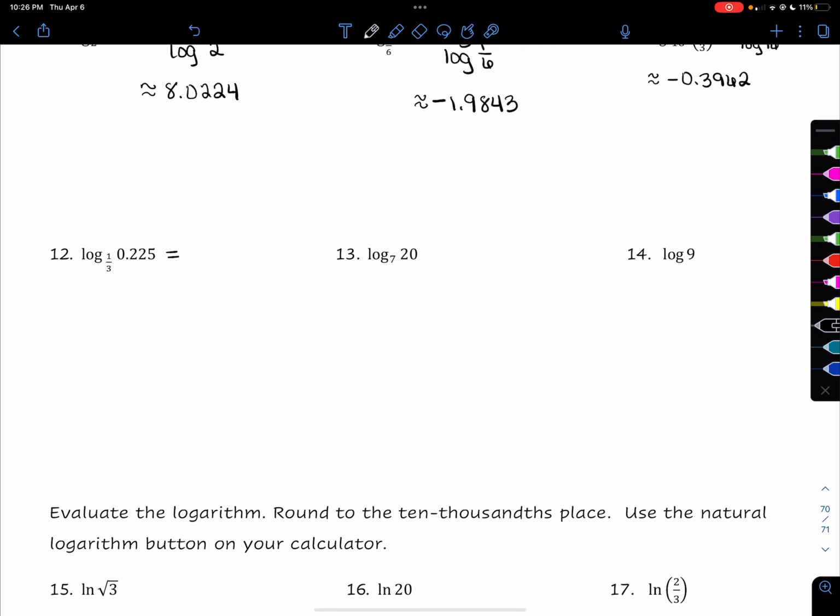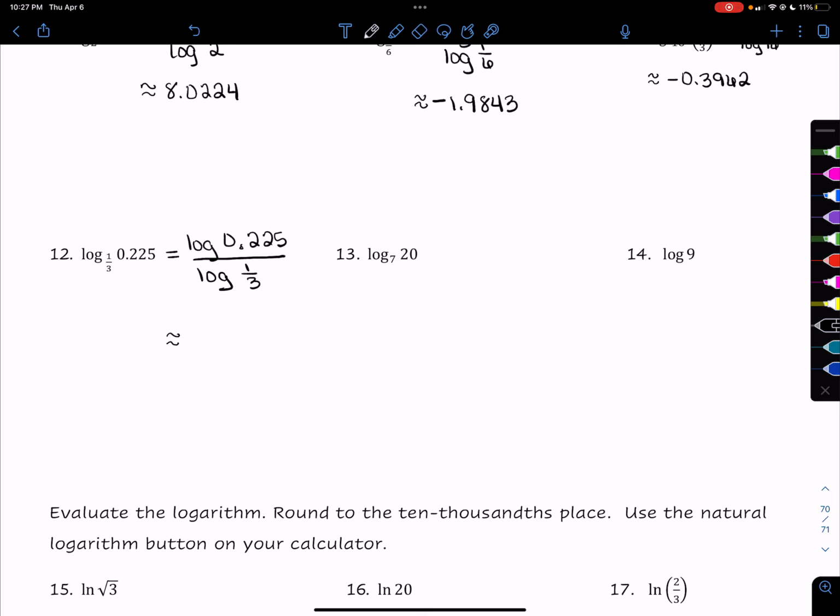All right, number 12 on this problem here, I'm going to take log of the argument divided by log of the base. Go ahead and plug that into your calculator. Now this one is going to be a positive number.